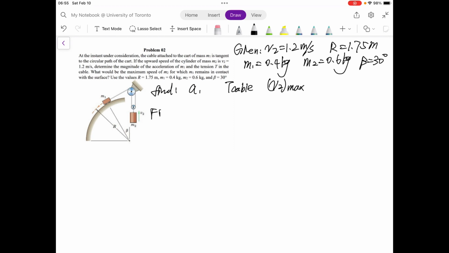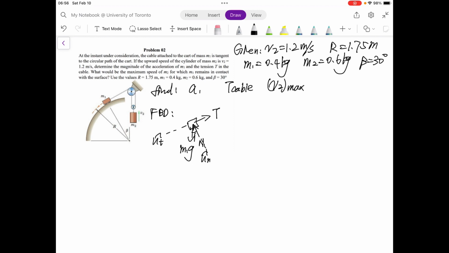Let's do the free body diagram of these two masses. For m1 we have gravity, which is m1 g, the support from the path, which is N, and also the tension T from the cable. Right here we can define our tangential direction and our normal direction.